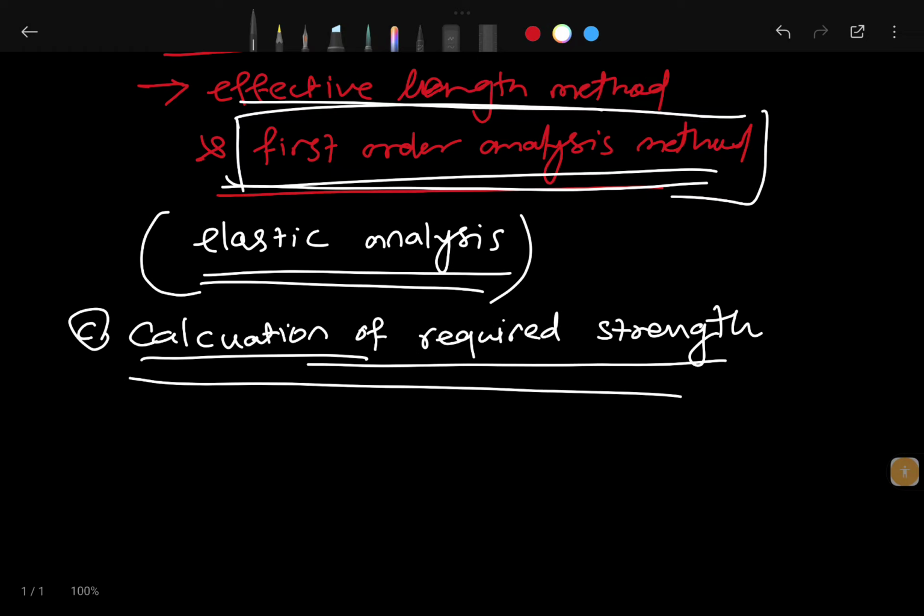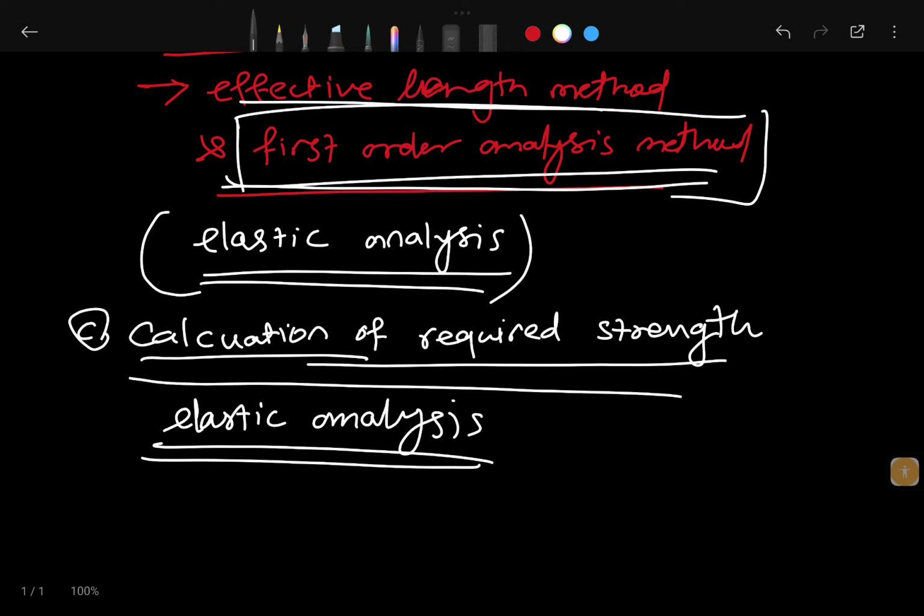For the direct analysis method of design, the required strength of components of the structure shall be determined from elastic analysis.